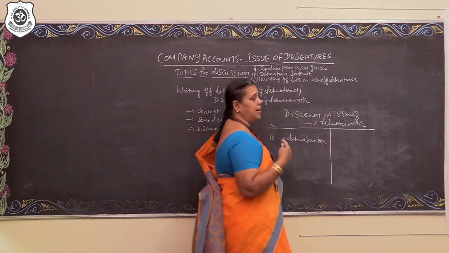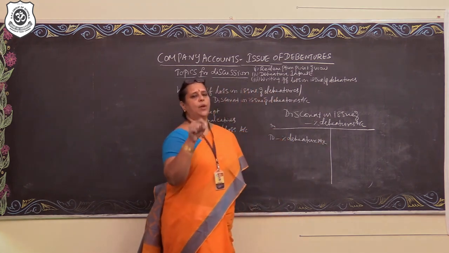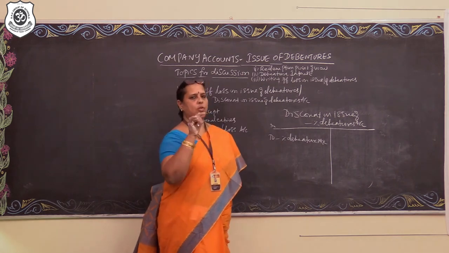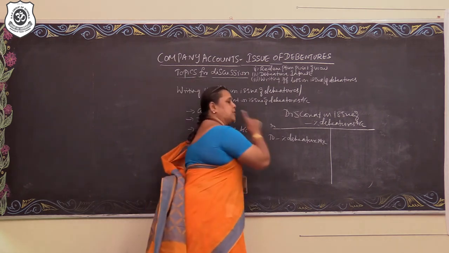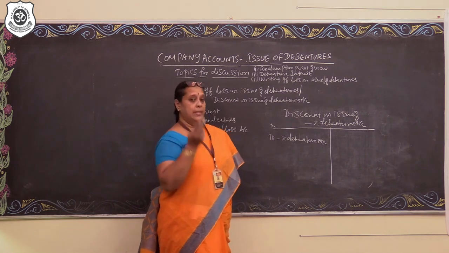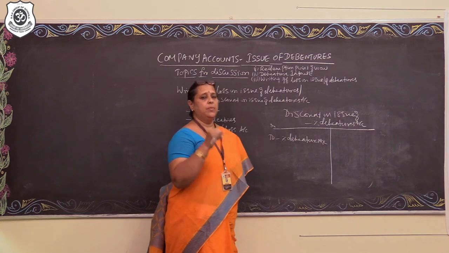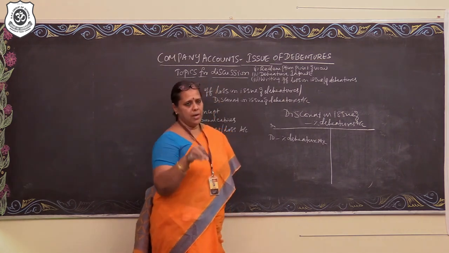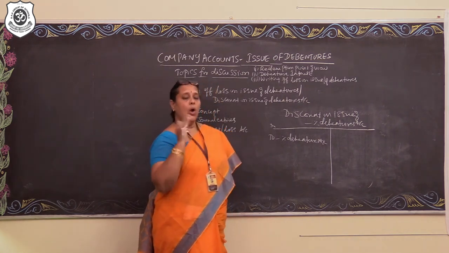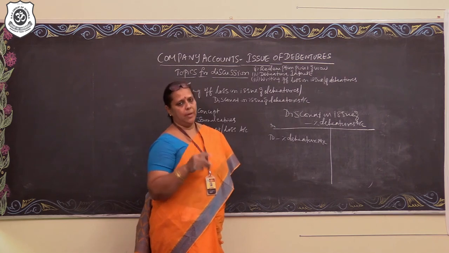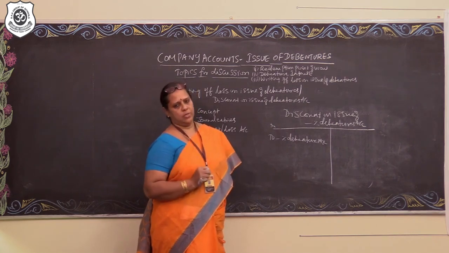Please visualize the journal entry. Debenture application and allotment account debit. Discount on issue of debentures account debit. To debentures account. Then for writing off, what entry are we going to pass now? Securities premium reserve account debit, or general reserve or capital reserve account debit, or statement of profit and loss debit, to discount on issue of debentures account.